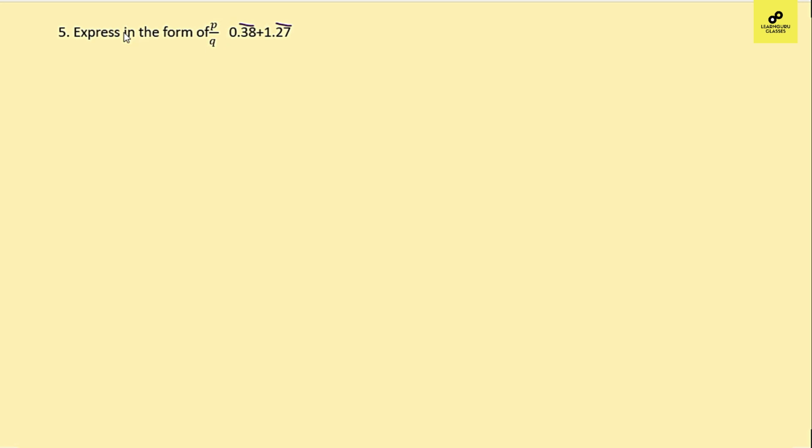The next sum is just the same as the previous one, express in the form of P by Q, 0.38 bar plus 1.27 bar. Here also let's tackle both the decimal parts individually. So let x equal 0.38 bar, 0.3838, equation 1.